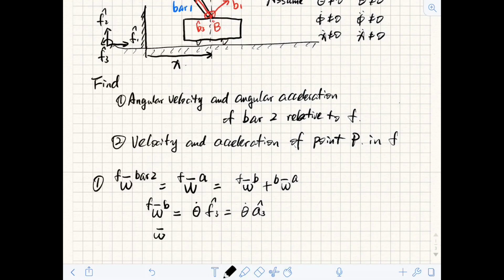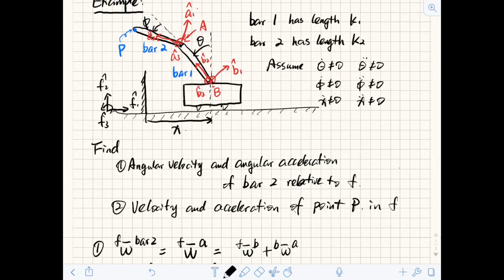Similarly, the angular velocity of A in B is the rotation of bar 2 relative to bar 1.